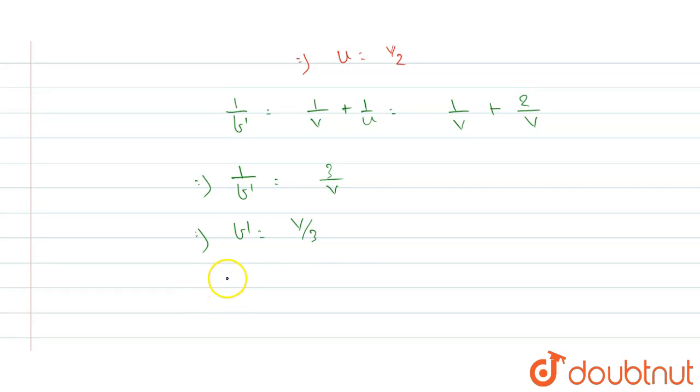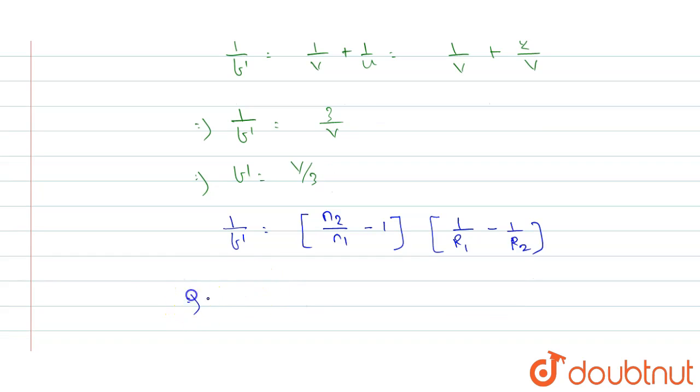But we know 1 divided by F dash will be equal to (N2 divided by N1 minus 1) multiplied by (1 divided by R1 minus 1 divided by R2). And here 1 by F dash will be equal to 3 divided by V, which is equal to N2, which we know is 1.5, and N1 we have to find. That's what is asked in this question: we have to find the refractive index of the liquid.